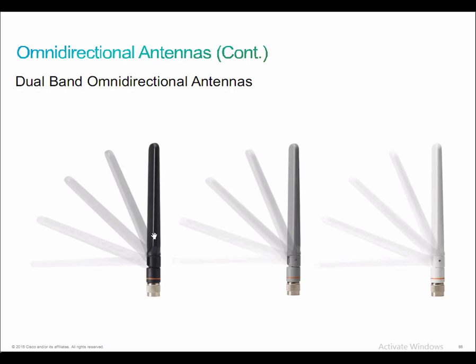I believe it's a blue dot if it's 2.4 gigahertz and a red dot if it's 5 gigahertz, but don't quote me on this, I haven't looked this up in a while. If it's dual band, it's going to have that gold ring around it. They both use the RP-TNC connector types, but you can't just use a 2.4 gigahertz antenna in a 5 gigahertz scenario.